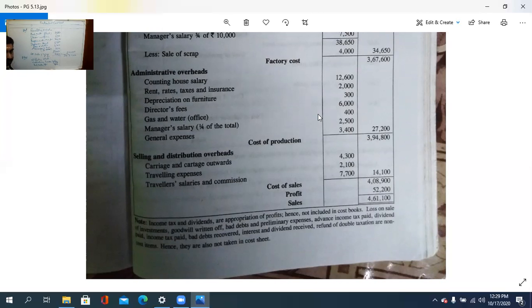Then depreciation on furniture, it is 300.